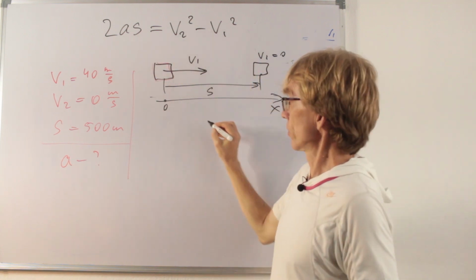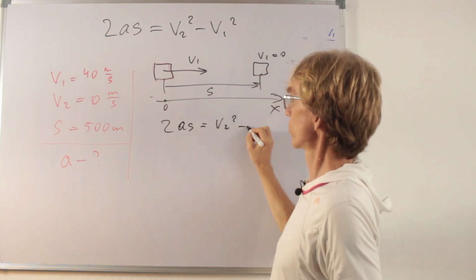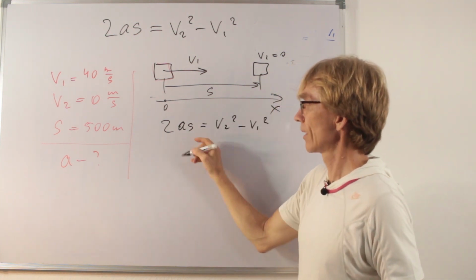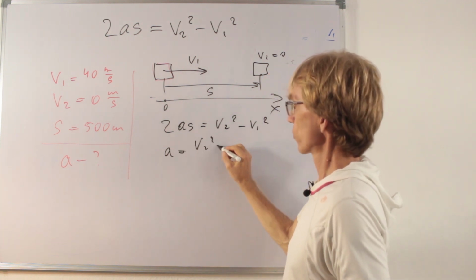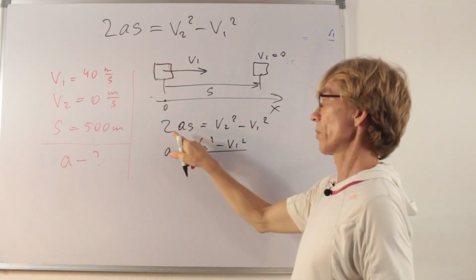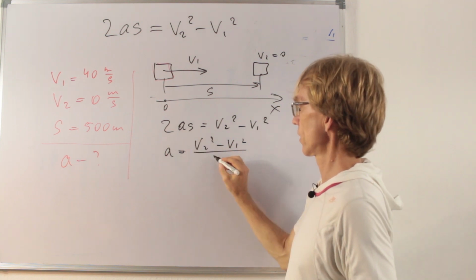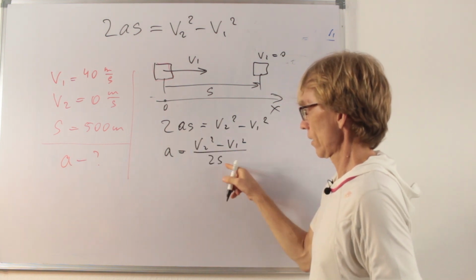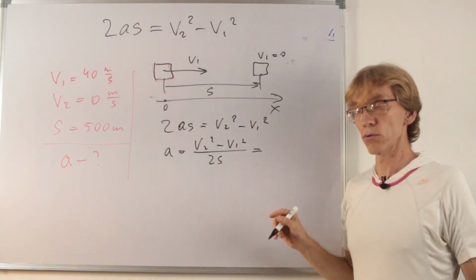Here is our original equation. 2as equals v2 squared minus v1 squared. We need acceleration, so let's express it from here. I divide by 2s left and right. Here 2s would cancel, and here I divide by 2. Now I'm ready to put numbers into the expression.